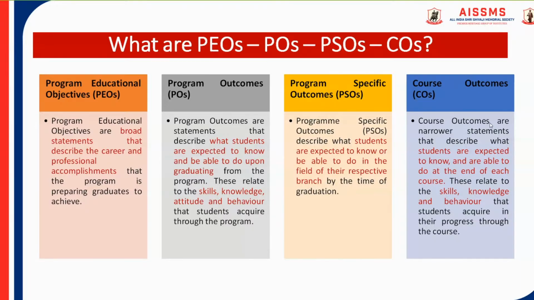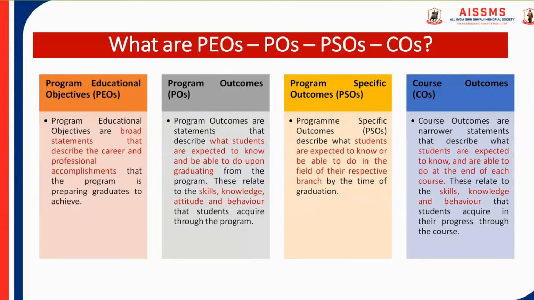If you look at all these definitions and the previous slide, things will be clearer: when you design a particular course, things have to be narrowed down. You are supposed to first think about why the student should learn this, and then what he is going to gain after learning that particular course.